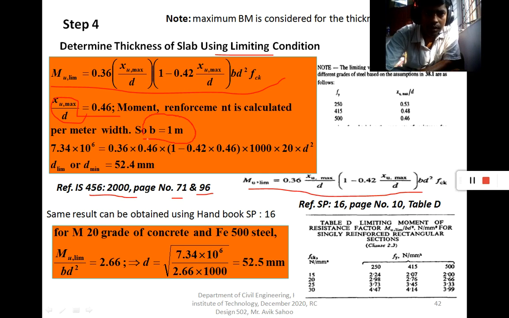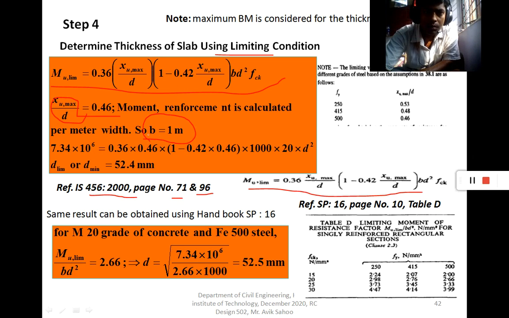You know that in a beam the actual beam width is considered, but in a slab we calculate moment and also determine reinforcement considering per meter width. So for the convenience, 1 meter width is considered.